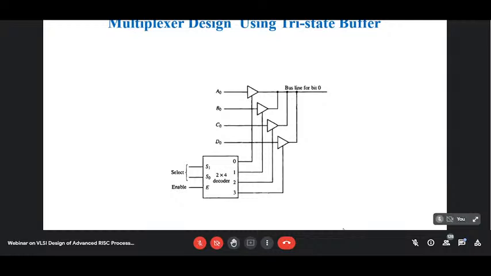At any time, only one of the tri-state buffers will be enabled. So let's say input A0 is selected, that means the 0 line of the decoder will be high, and the rest of them will be low. The rest being low means their outputs will be hanging, tri-stated, and only A0 will be available. In that way, you can select any one of the inputs.